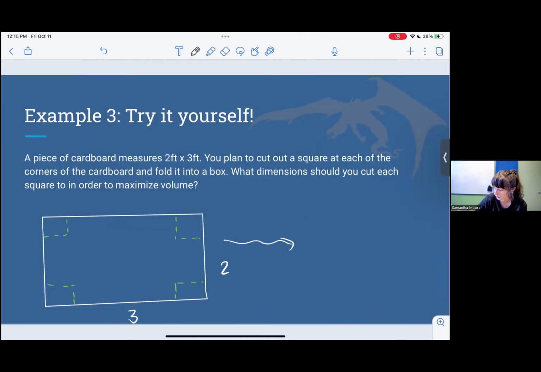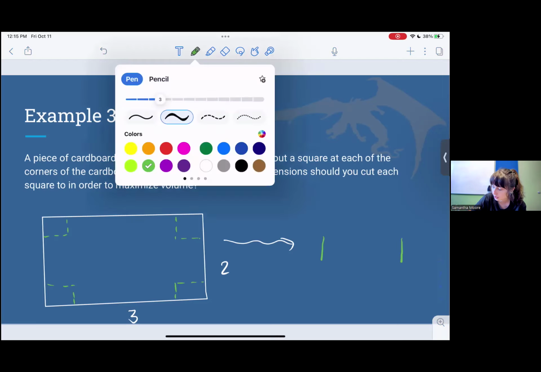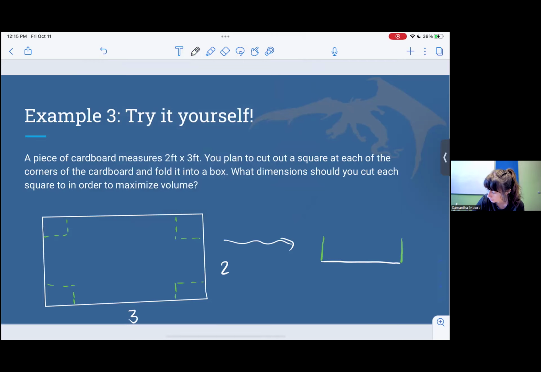And so you'll have a box where you're going to fold along these green cuts. So that's where your length up is going to be.